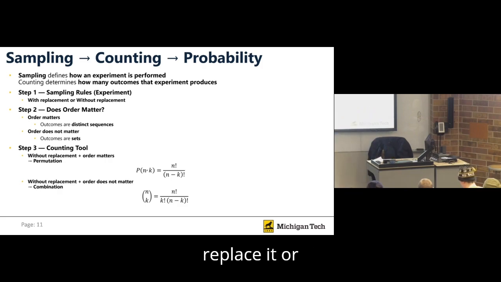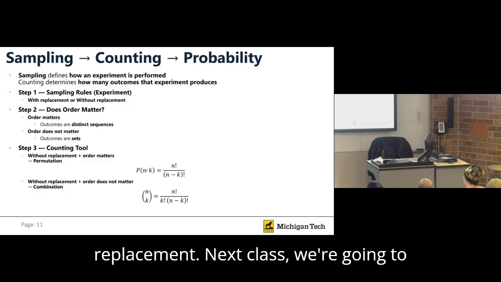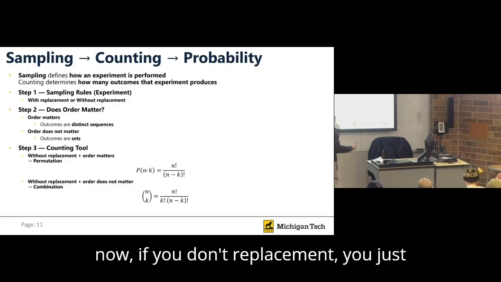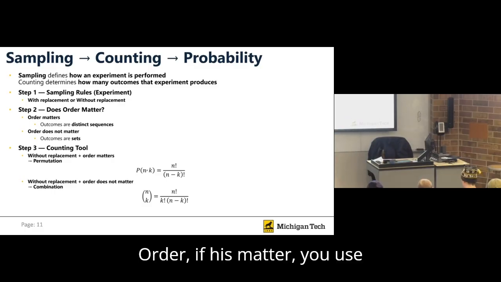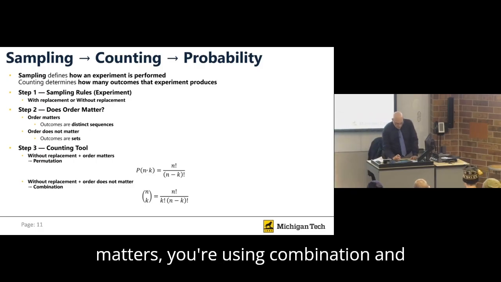For replacement, we just covered without replacement today. Next class, we're going to talk about replacement. But right now, if you don't replace, you just have 2 cases. If order matters, you use permutation. And if order doesn't matter, you use combination.